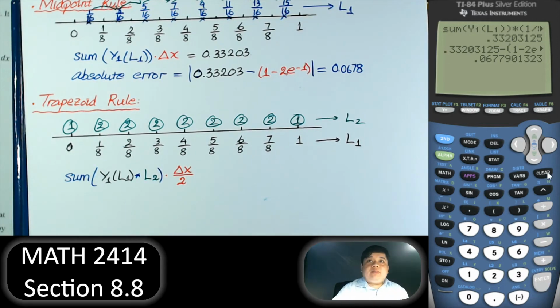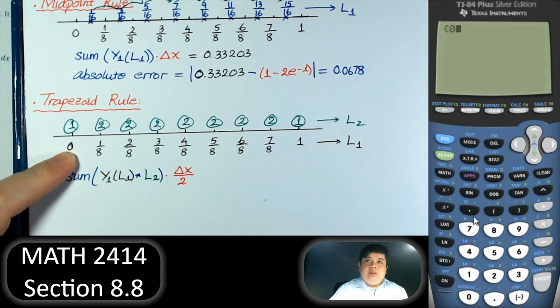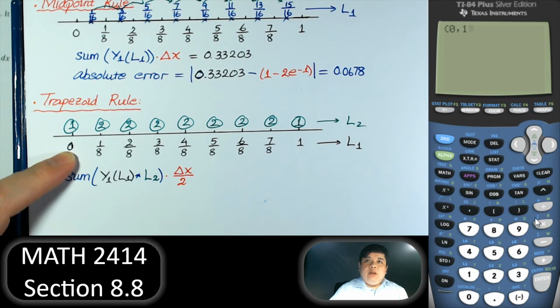So first, let's store the numbers 0, 1 over 8, 2 over 8, 3 divided by 8, 4 divided by 8, 5, 6, 7, and 8 over 8 is 1.